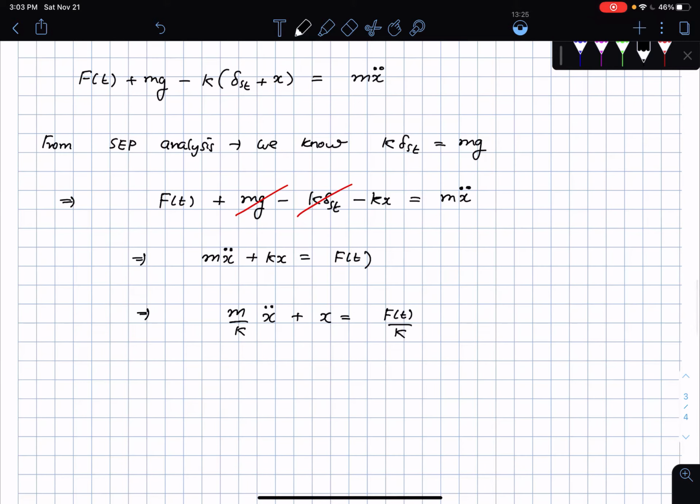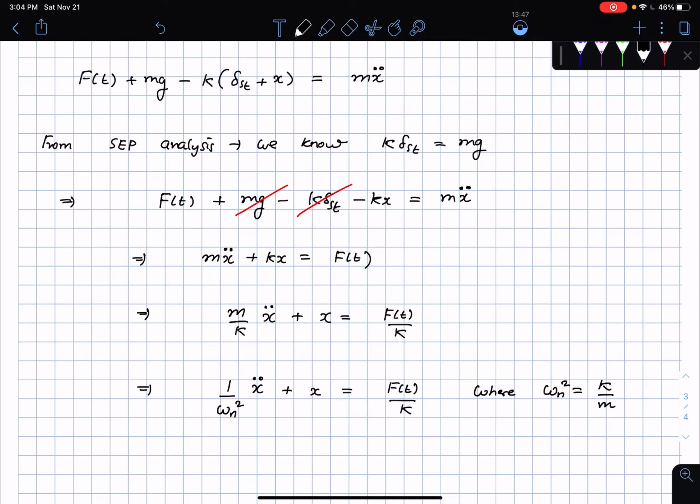M by k is nothing but 1 by omega n square. So this is 1 by omega n square times x double dot plus x is equal to f of t by k, where omega n square is equal to k by m, which is the natural frequency of the system.